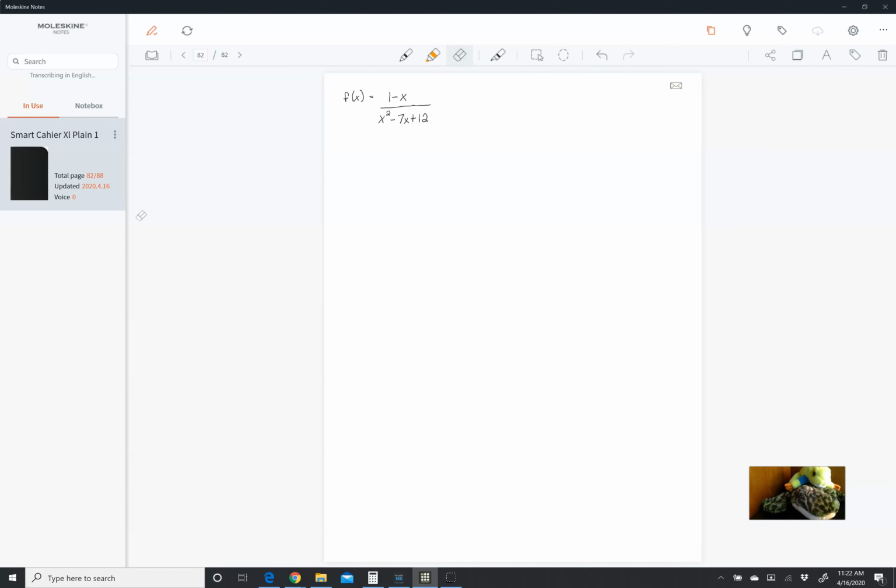Now for right now, all we're going to do is talk about vertical asymptotes, and what's happening in these graphs with these different vertical asymptotes. So in order to find a vertical asymptote, we're talking about the fact that it's not in the domain of the function. So let's find the domain.